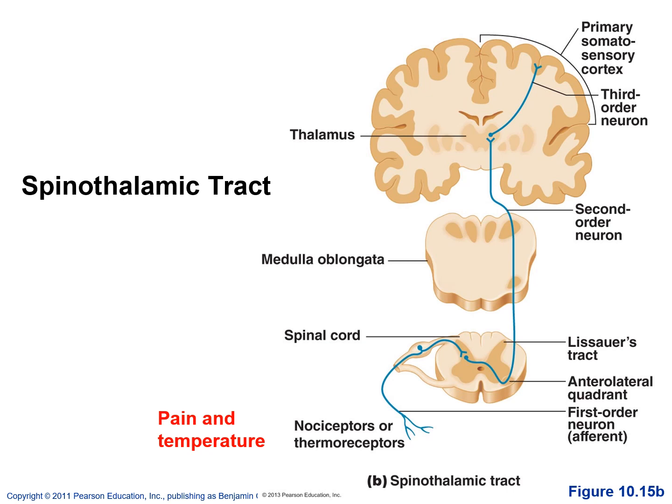Pain and temperature is going to be traveling up a different pathway called the spinothalamic tract. You do not have to know this name either. Notice that we're going to be taking 3 sensory neurons to get from the periphery up to the cerebral cortex. So we're going to be taking our pain or temperature stimulus, and we're going to be starting out here in the periphery with our first order neuron.